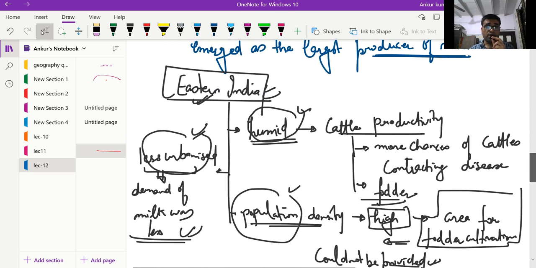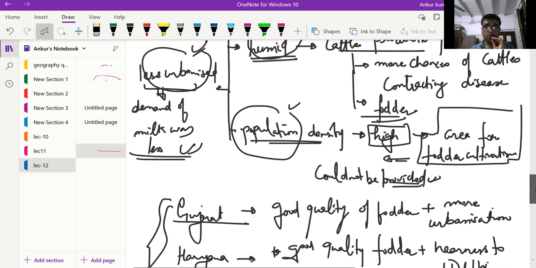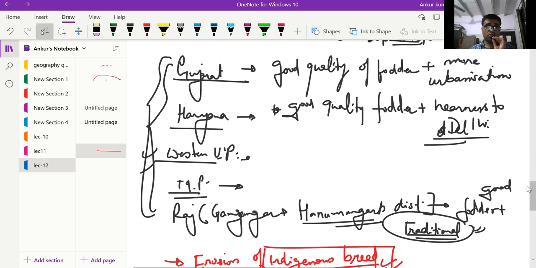Then why the Eastern India had the less productivity despite the focus given to the Eastern India. And we said some reasons here: humidity, population density, and less urbanization. Then we said the regions which had more success, what was the difference in those regions. We listed some factors with regard to that as well.